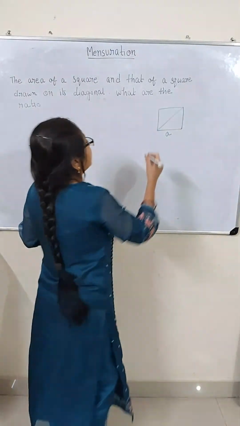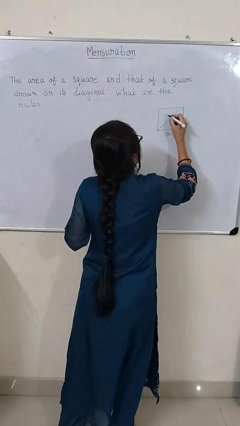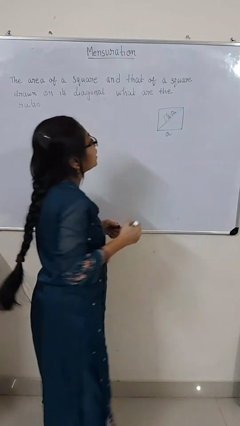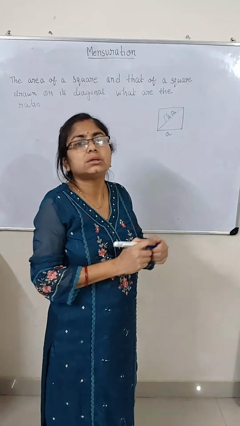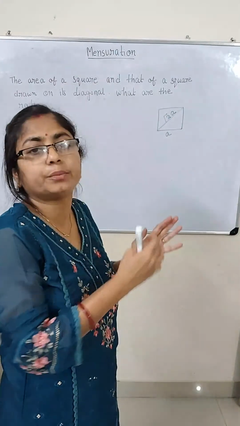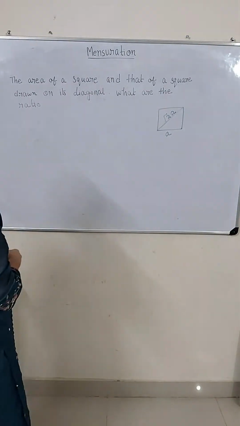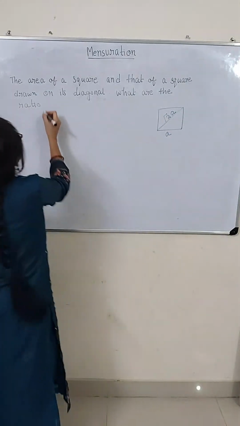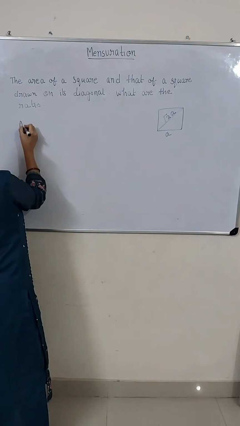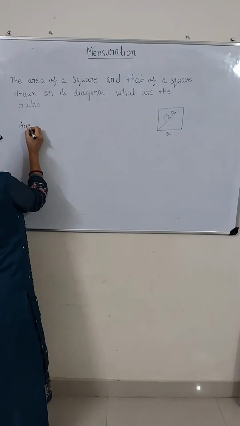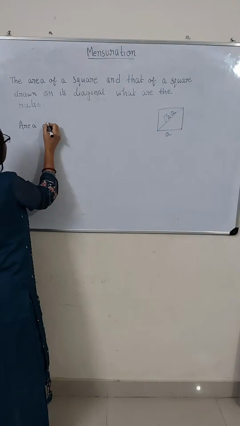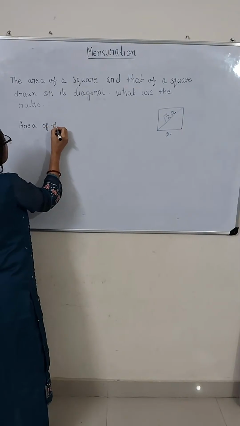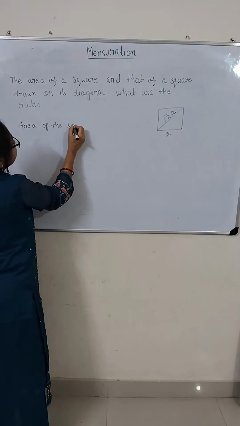Then the diagonal is root 2a. Okay? Then you find out the area of the square. What's the formula? The formula is side into side. Area of the square.